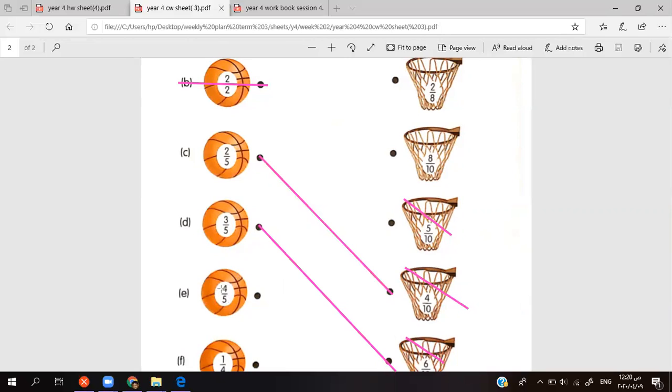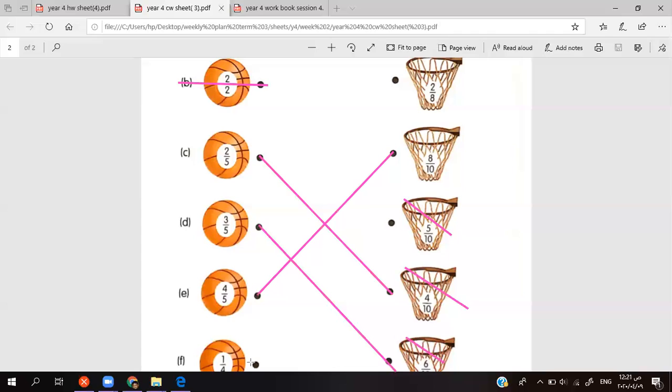I always start with the smaller. How did the 4 become an 8? By multiplying by 2. Since I multiplied up by 2, I will also multiply down by 2. 5 times 2 gives me a 10. So right, this is it. 4 over 5 is 8 over 10 when I multiply up and down by 2.